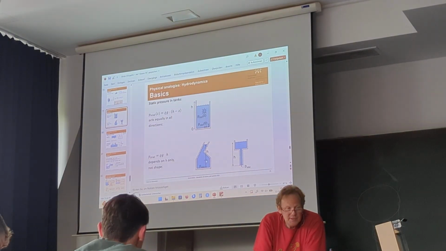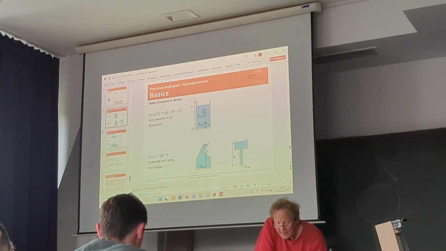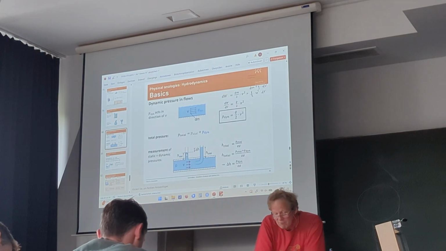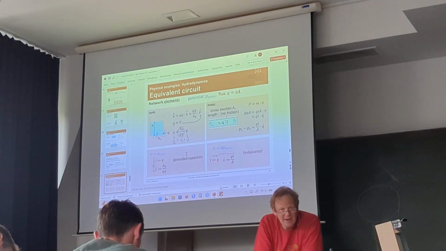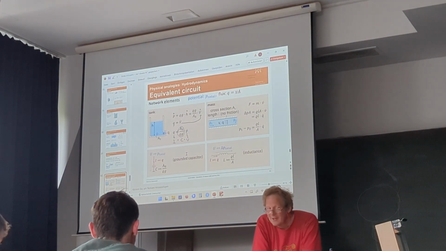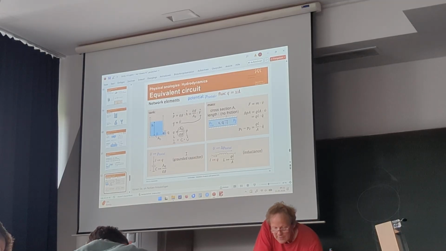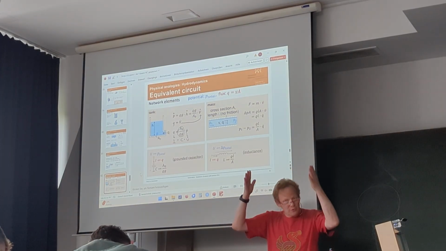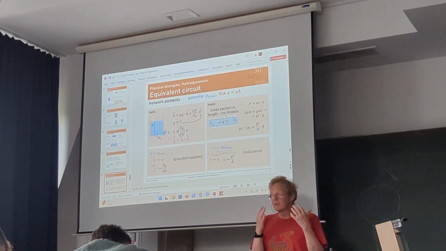The capacity itself depends on the height, and actually there are also electric capacitors which are non-linear, so it's not a contradiction to electric elements. But let's assume we have straight tanks and then we have a constant capacity.